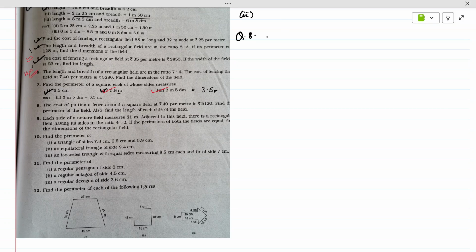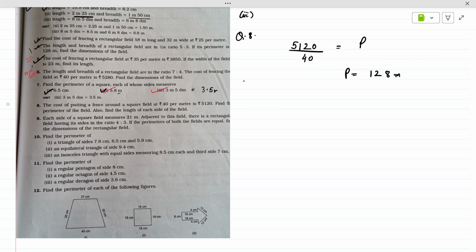Question number 8. So find total cost, divide this by the cost given to us is going to give us the perimeter, right? 5120, if we divide 5120 by 40, this will come nearly 128. Okay, this is the perimeter, this is in meters.